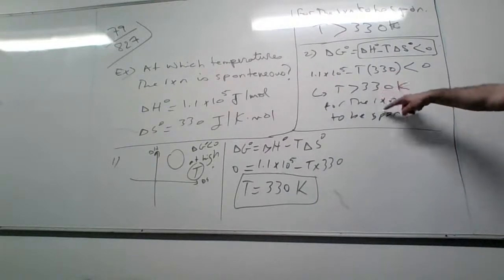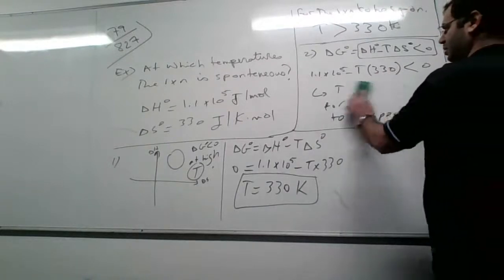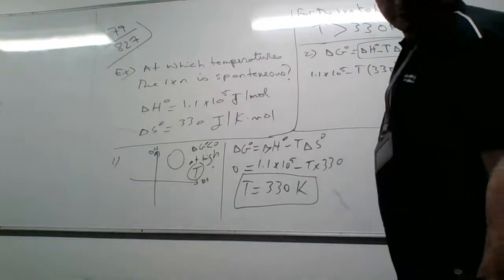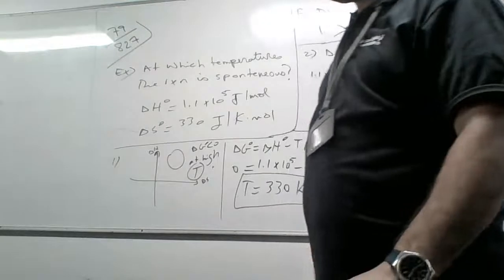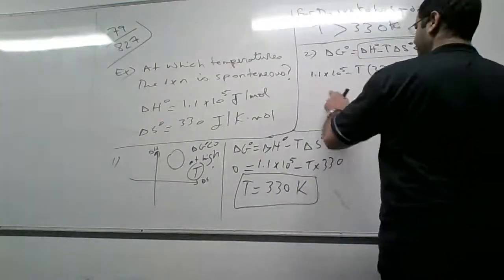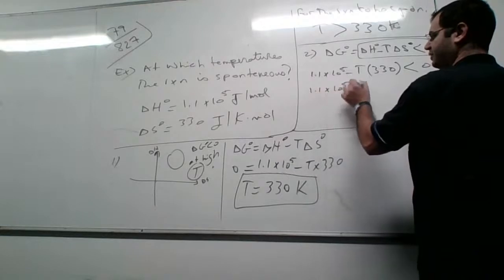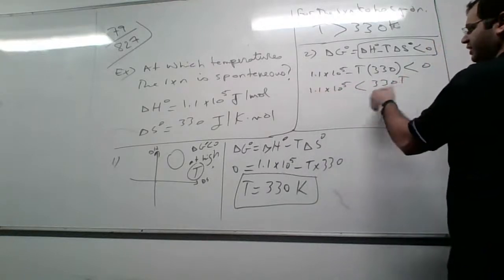If you want, I can solve this one step by step. All you have to do is the following. 1.1 times 10 to the power 5 less than 330 T. We divide by 330.